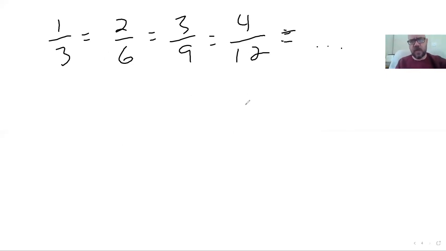So that's equivalent fractions. You just chop the thing into smaller pieces and take more of them. 4/12 is 4 copies of 1/12, which has the same value as 1/3. There are just more of these and they're smaller. That's really what equivalent fractions are.